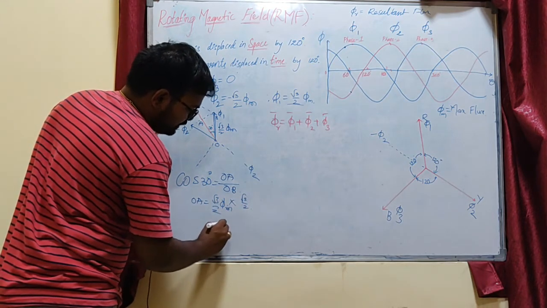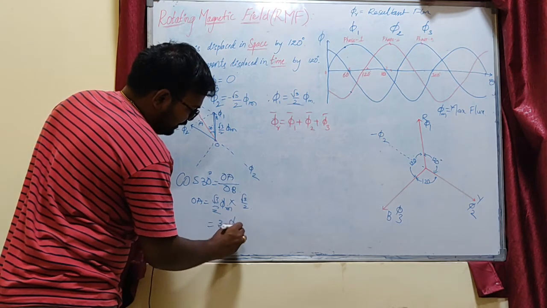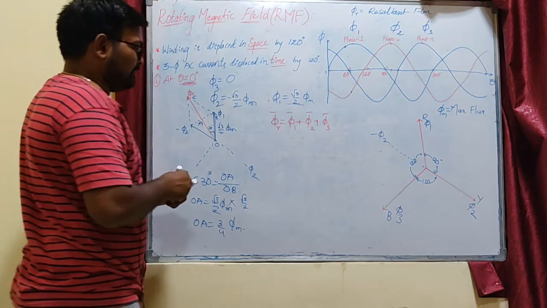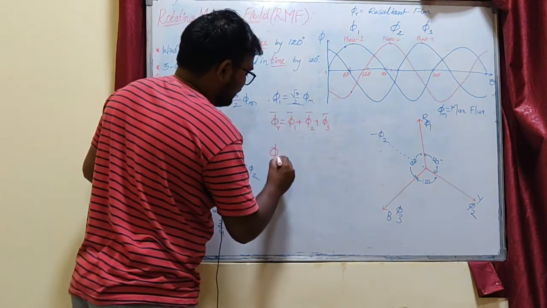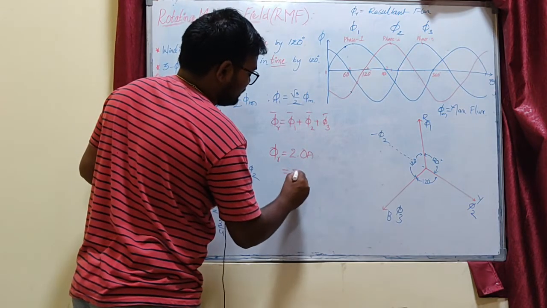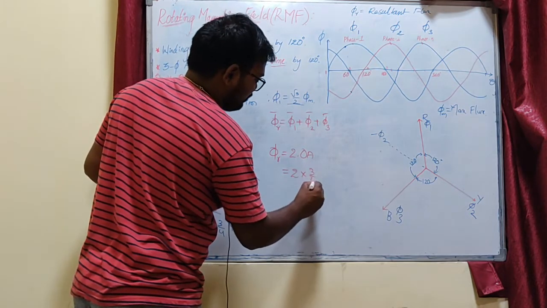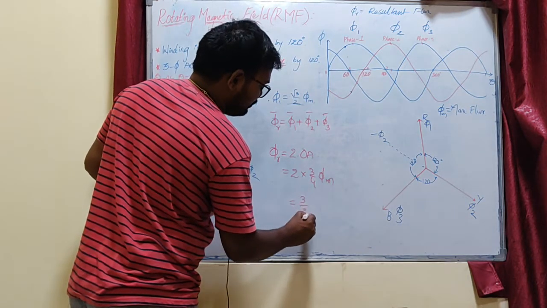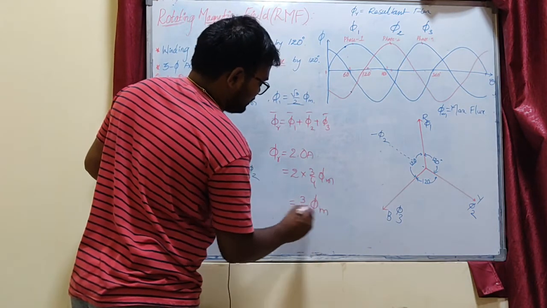So, the value will be 3 by 4 times φm, which is OA. So, the resultant flux φr equals 2 times OA, that is 2 times 3 by 4 φm, which equals 3 by 2 times maximum flux.